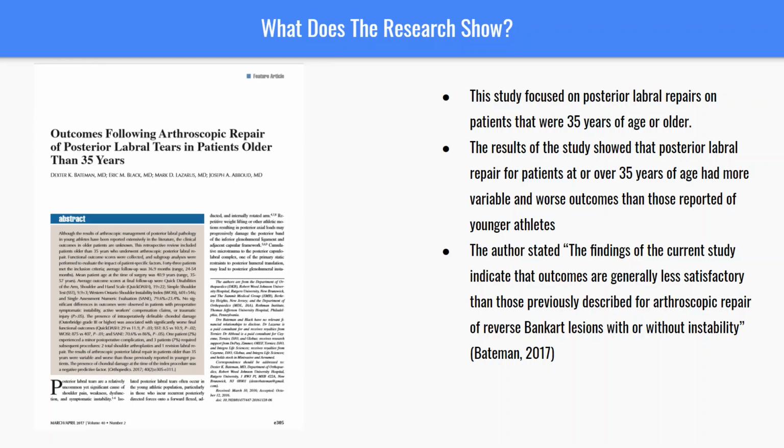It's very variable. Some people respond very well, and some people don't respond well and have dysfunctions that go down the road. The author stated that the findings of the current study indicate that outcomes are generally less satisfactory than those previously described for arthroscopic repair of a reverse Bankart lesion, also known as a Hill-Sachs lesion, with or without instability.